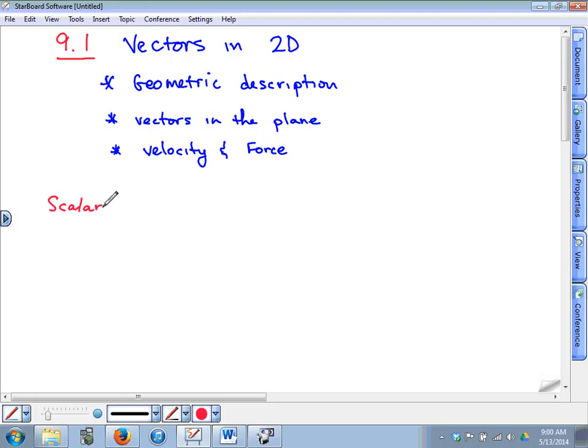Let's talk real quick though, some background. Scalar quantities have neither. Scalar quantities would be something like length, or mass of an object, or area.